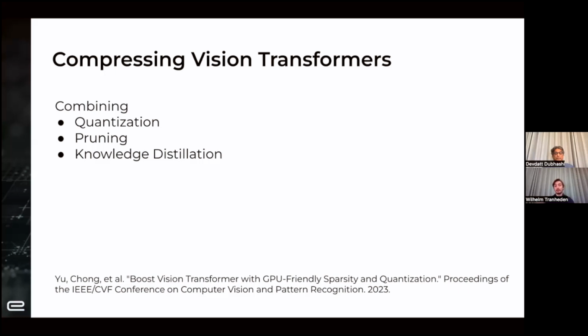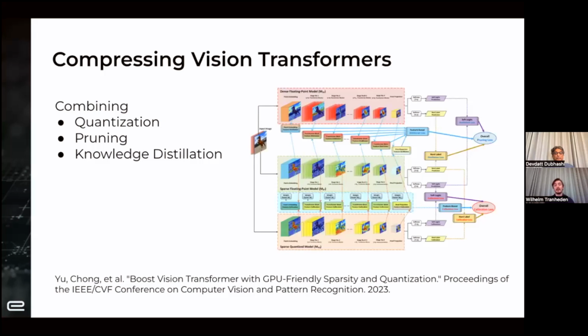And what this paper does is they build quite a complex pipeline where they combine these three techniques. Basically what the figure to the right here illustrates, it's a very complex figure and we don't need to go into the details, is that you would have the original model, that is the top, highlighted in red here, part of the diagram.